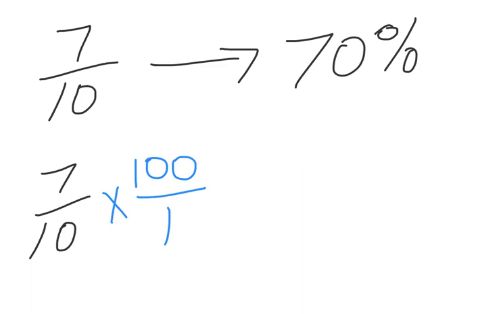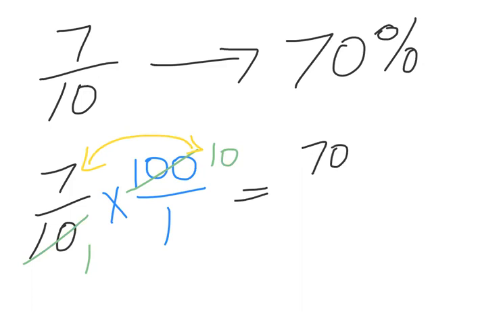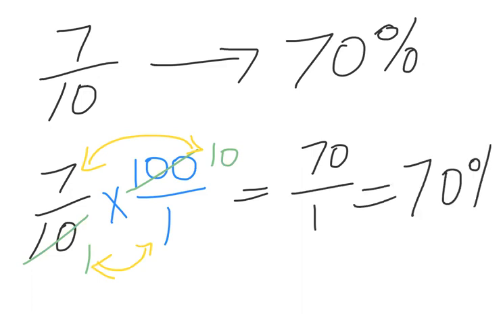Let's do some maths. 10 divided by 10 is 1, 100 divided by 10 is 10. Then 7 times 10 equals 70, and 1 times 1 is just 1. So 70/1 is 70%.